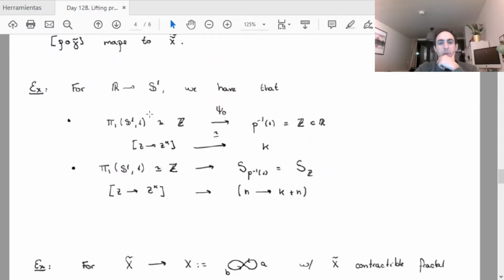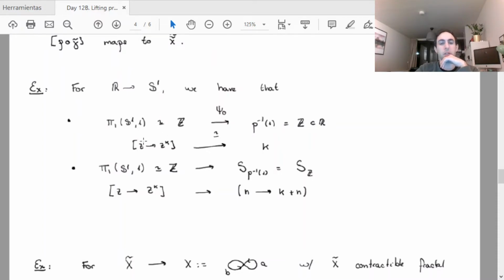All right, so our favorite example, of course, is R sitting on top of S1. And what I'm going to do is analyze how the endpoint map works and how this group homomorphism into permutations works. So here we have the fundamental group of the base. And this, of course, is Z, right? This isomorphism was given by the number of turns.